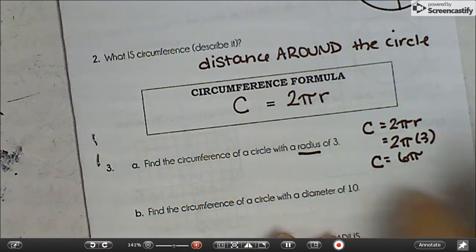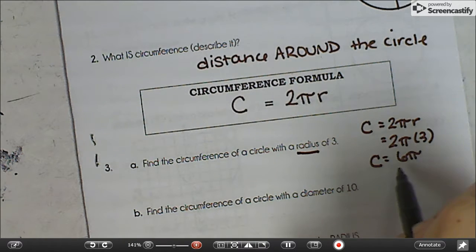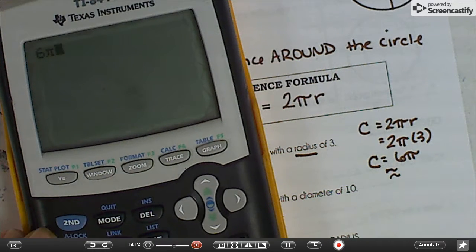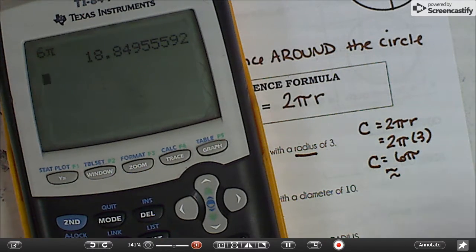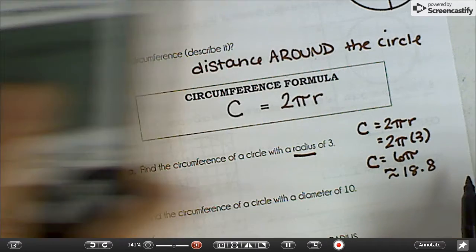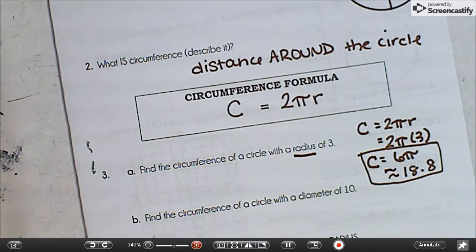This is the exact answer for the circumference, the answer in terms of pi. If you want an approximate answer, you can just do in the calculator 6 times pi, and the approximate distance around is 18.8. Both answers are acceptable.